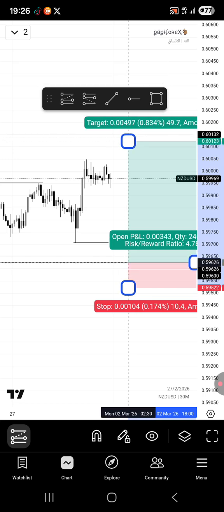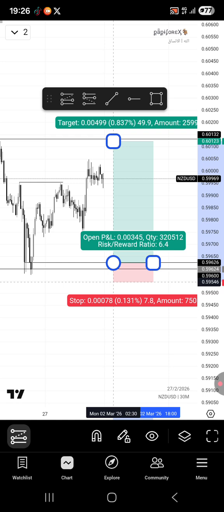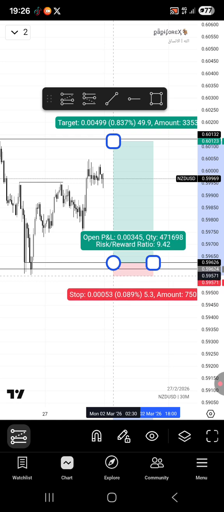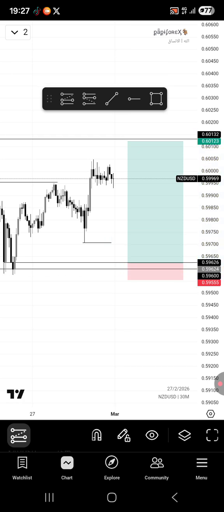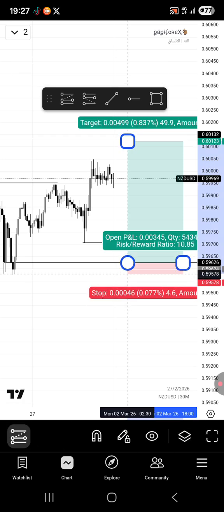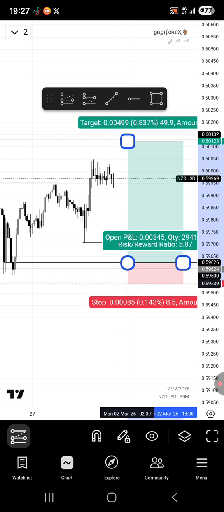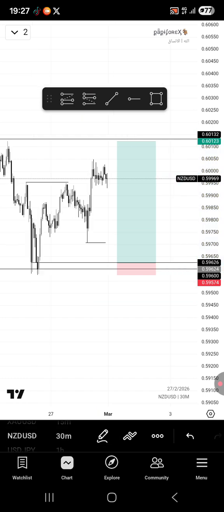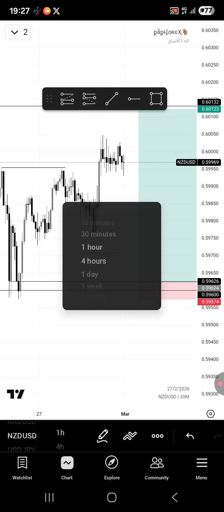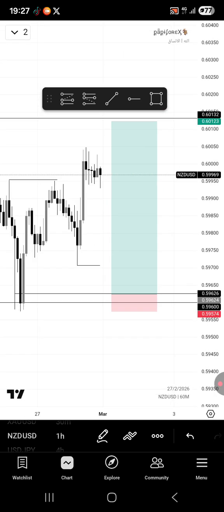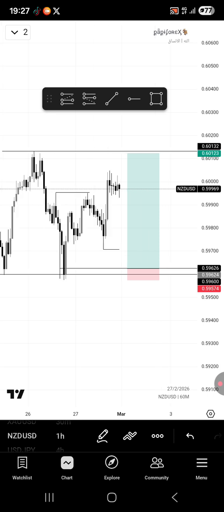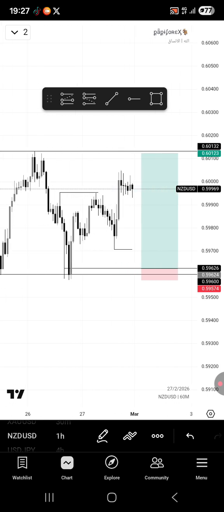Again, NZD from this area here. 9 hour, where is this thing? I want 9 hours. It's too fast. So yeah, that is where I'll be waiting for NZD this week.